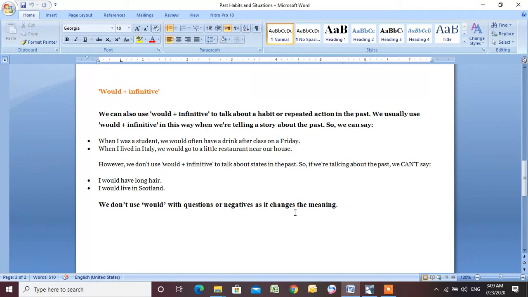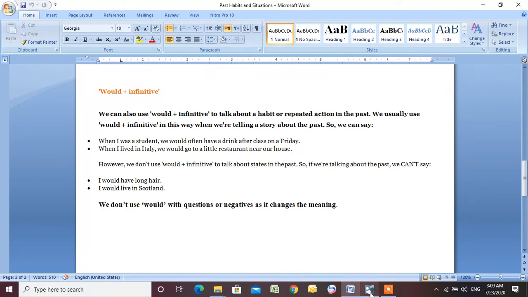So again, it means that I don't like to swim today. So it didn't express that you're talking about a past habit or a repeated action that happened in the past. So we don't use would plus infinitive with states or with questions or negatives. We just use it as it is in sentences.